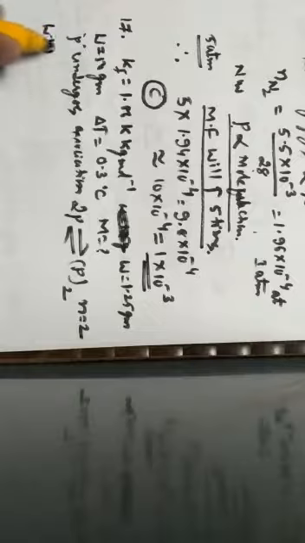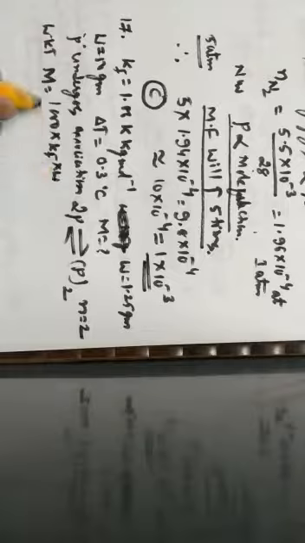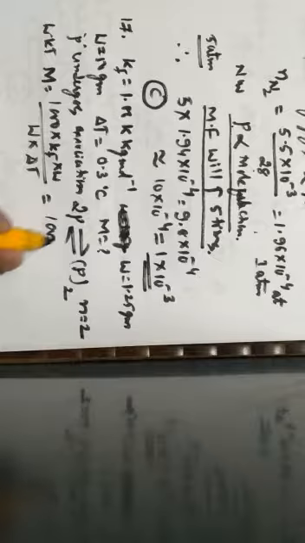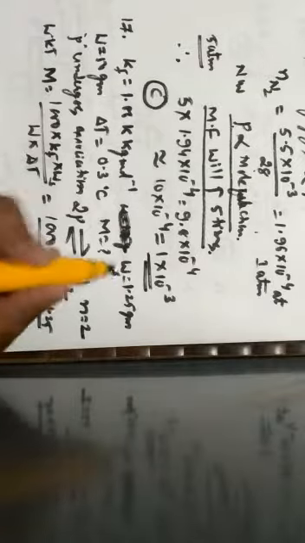We know that the molecular mass can be calculated by the formula 1000 into Kf into w divided by W into delta T. Here that is 1000 into Kf, which is 1.86, into the solute mass 1.25, divided by the mass of the solvent, 50 grams, into delta T, which is 0.3. It comes out to be 155 grams.